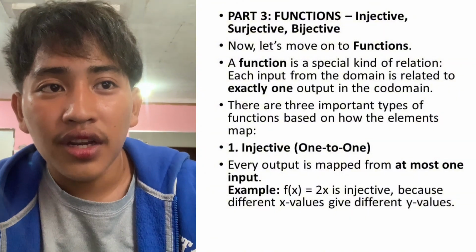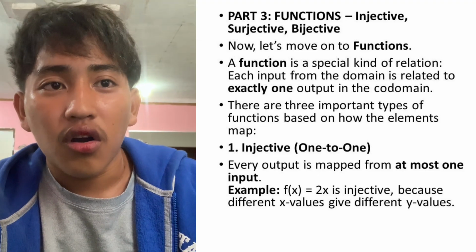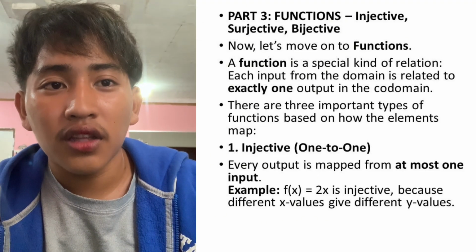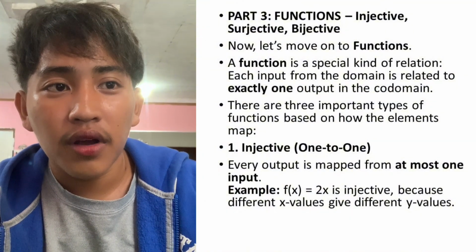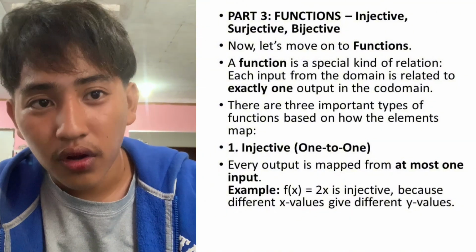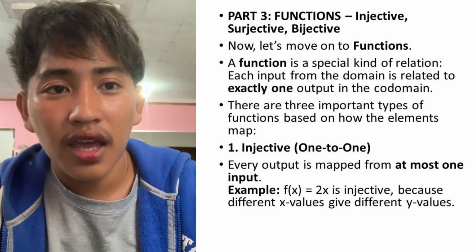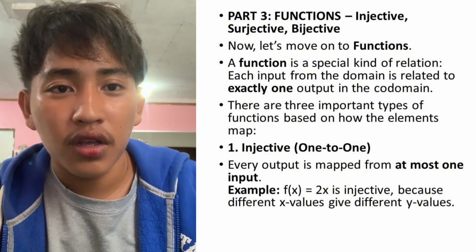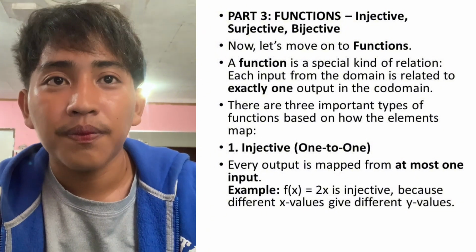There are three important types of functions based on how the elements map. One is injective, or one-to-one. Every output is mapped from at most one input. Example, f(x) = x squared is injective because different x values give different y values.